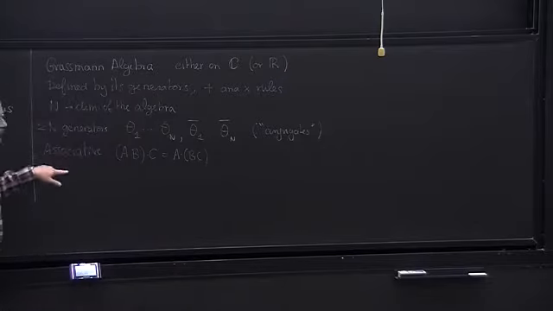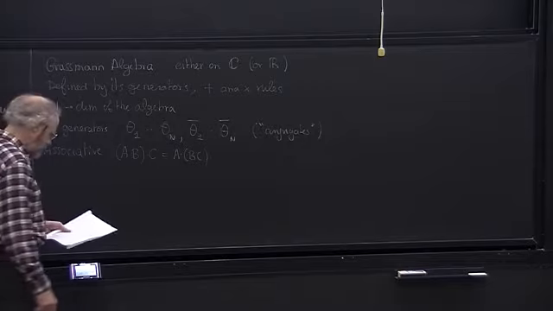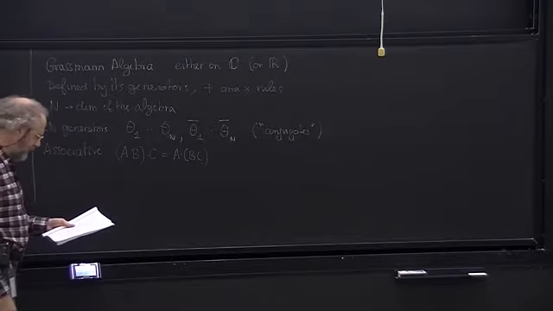Associativity is an essential element of quantum theory. If you try to define quantum theory with a non-associative algebra, it becomes very problematic, and I think nobody really succeeded in doing something convincing out of that. Anyway, it's going to be associative like matrices, but it's not going to be an algebra of matrices.